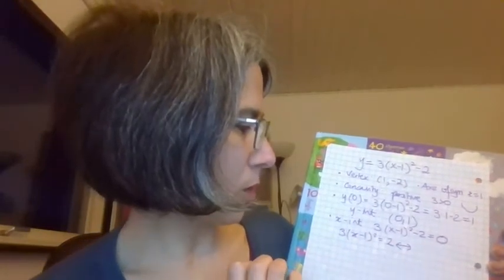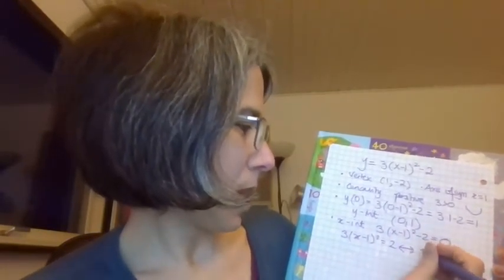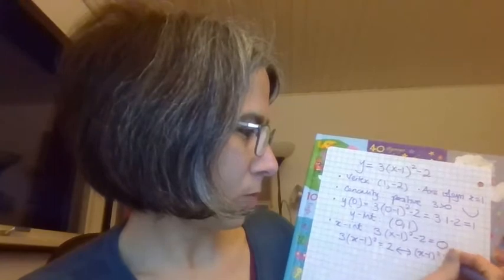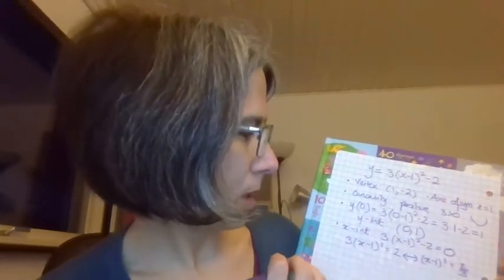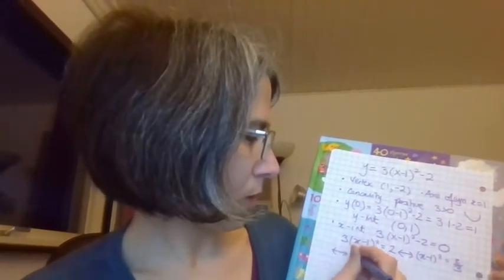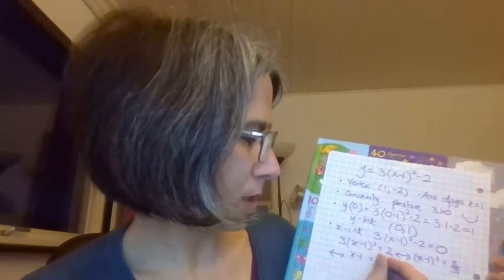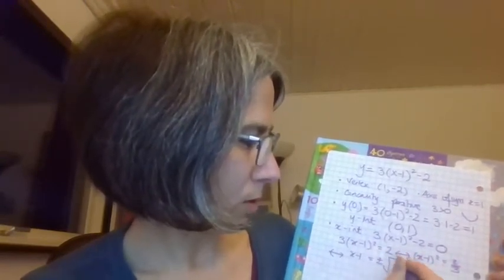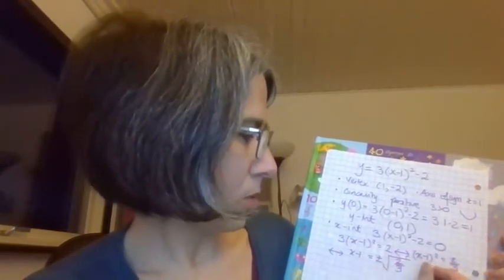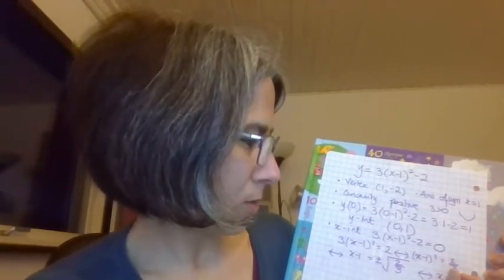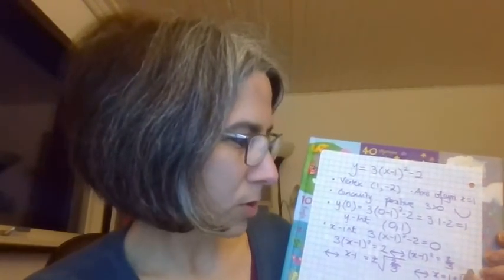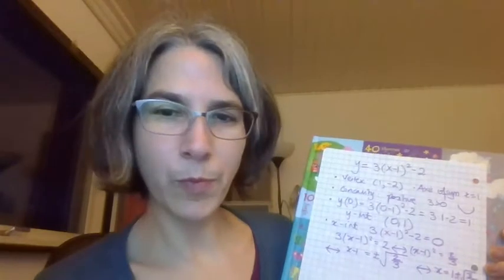This is true if and only if x minus 1 squared is equal to 2/3. And this is true if and only if x minus 1 is either plus or minus square root of 2 over 3. So x has to be 1 plus or minus square root of 2 over 3.